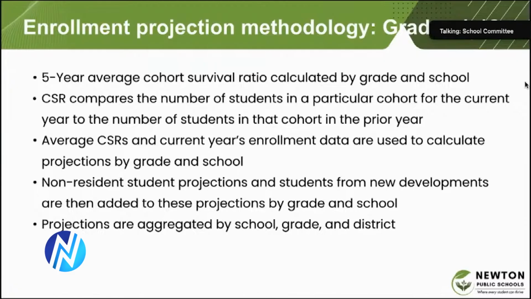So we calculate these CSRs for the past 5 years by school and grade, and we average them. And then we use those average CSRs and this year's enrollment data by school and grade to calculate projections by school and grade for the next 5 years. We then add non-resident student projections and students from new developments to the projections by grade and school, and then we aggregate them by school, grade, and district to come up with the total numbers.